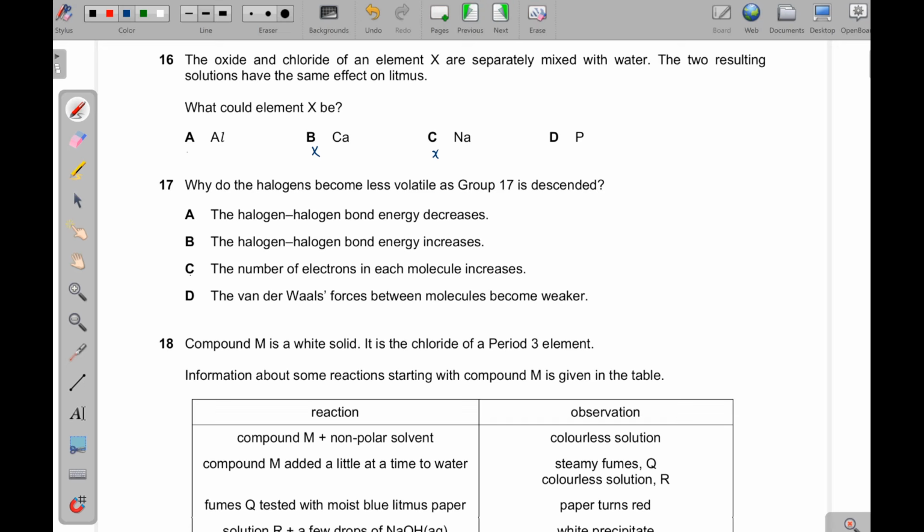Then we are supposed to look at aluminium and then phosphorus. Then the oxide of aluminium. This is aluminium oxide mixed with water. This one is insoluble in water. That is why we have the overhead power cables made of aluminium.